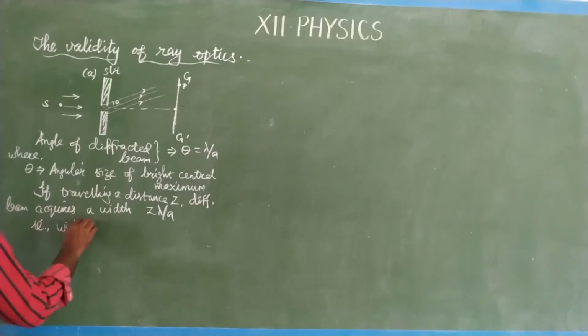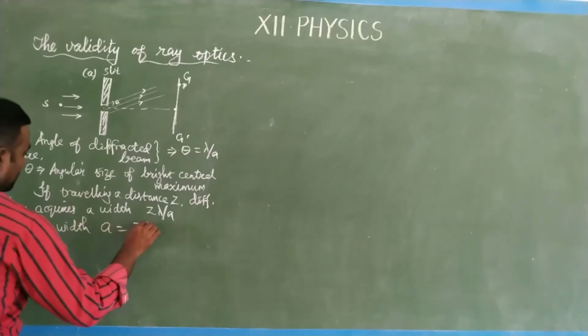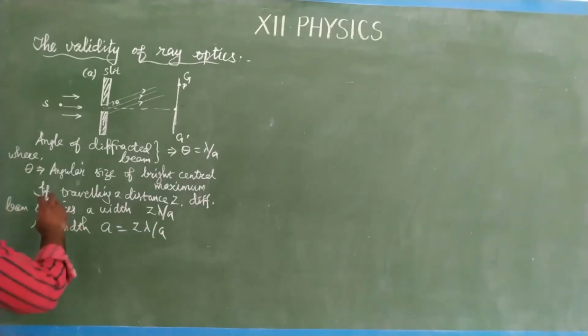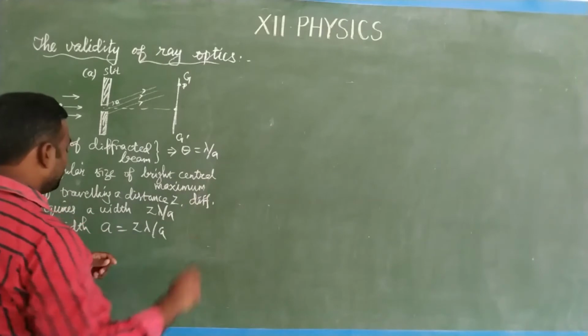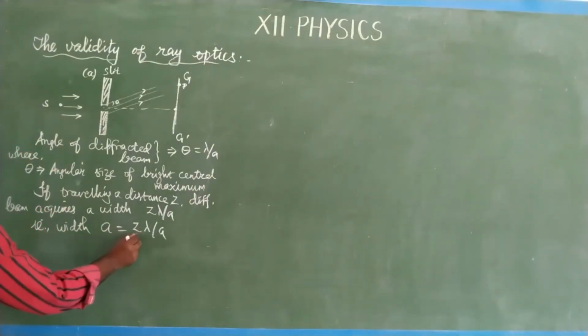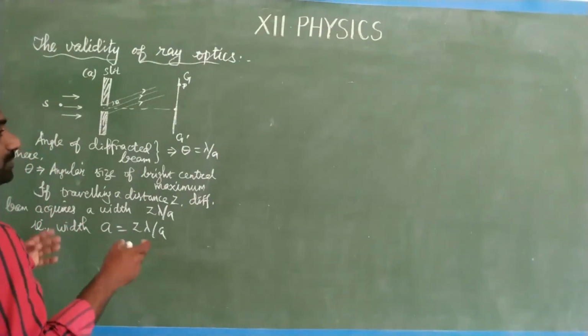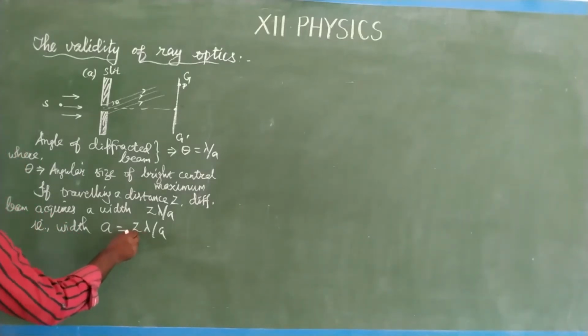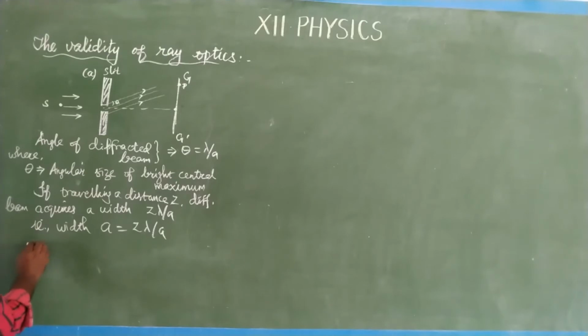What is the width? It is Z lambda by A. So the width A is equal to Z lambda by A. This gives the distance beyond which the divergence of the beam width matters. Basically, what is the minimum distance? Z is the minimum distance of diffraction.